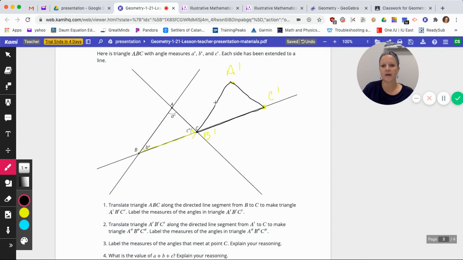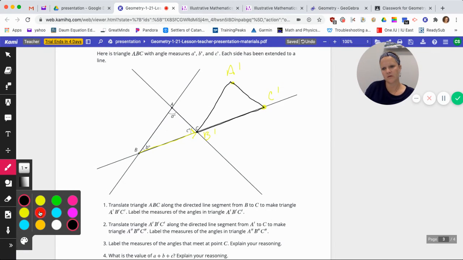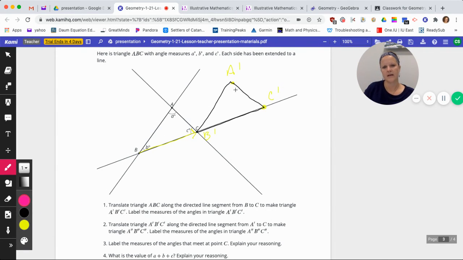Translate triangle A prime B prime C prime along directed line segment A prime C, which is, let's do pink. A prime C is here, so we're going to direct this down there. And that means this is going to become A double prime.